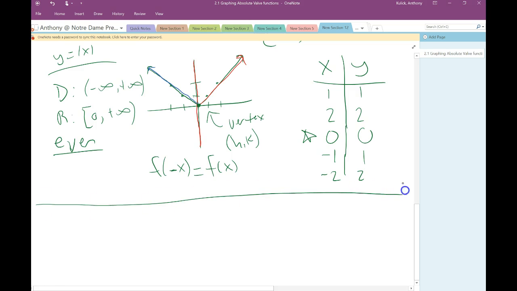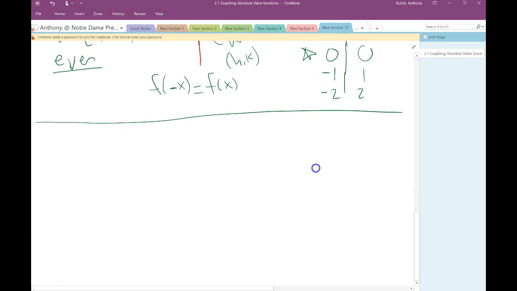So let's look at an example of just graphing something. Say let's graph, let's pick, say, g of x equals 4 absolute value of x minus 5, minus 2. So there's a couple of different approaches.